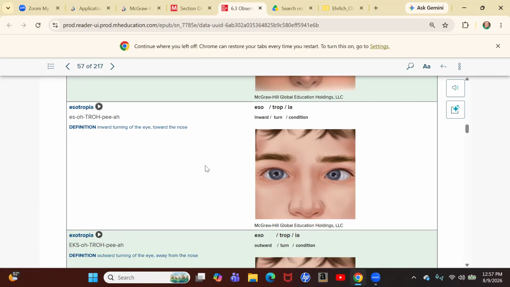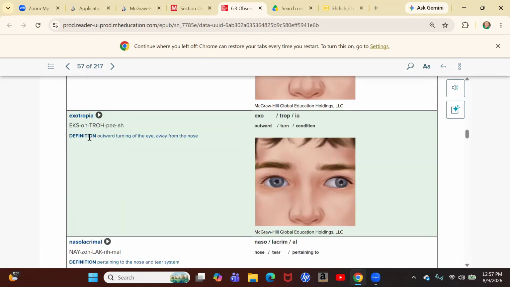This is where one eye specifically turns inward, whereas amblyopia or lazy eye can simply go inward or outward. And here you see the outward turn, exotropia. So this would be a form of amblyopia, but exotropia meaning the eye is going outward.